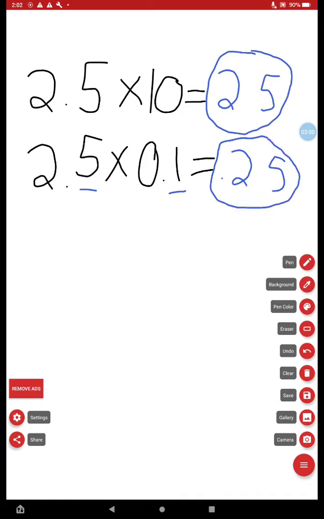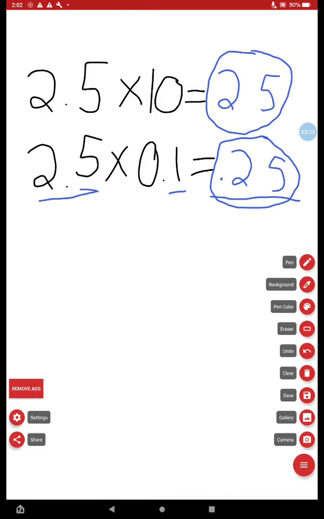Well, remember, what's bigger, $2.50 or 25 cents? Of course, $2.50 is bigger. So 25 cents, or we say 25 hundredths, because I moved the decimal point over here in front. It became 10 times smaller.